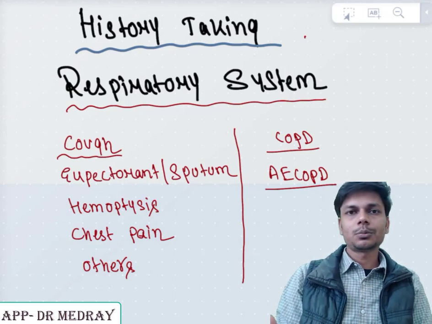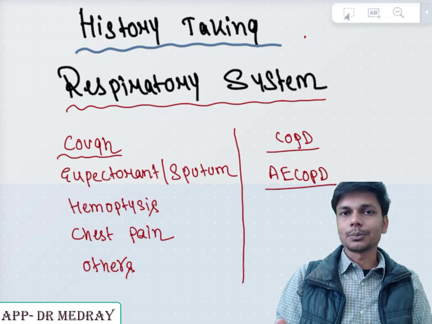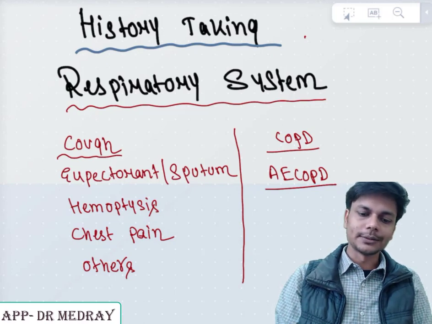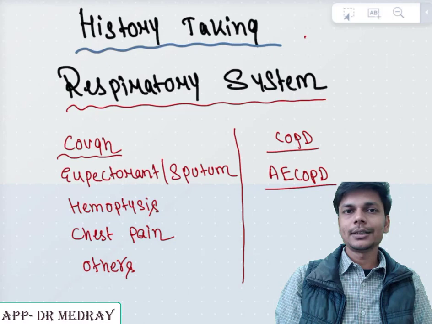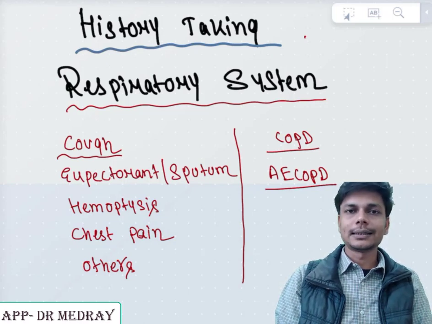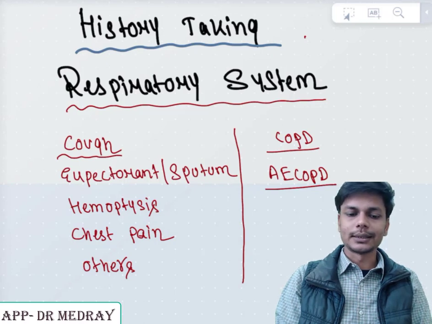But within a period of 2 or 3 days, if the person is having increased production of sputum along with fever, it suggests superimposed infection in a patient of COPD. So the complication occurring in the disease should be ruled out by taking history of complication of the disease.